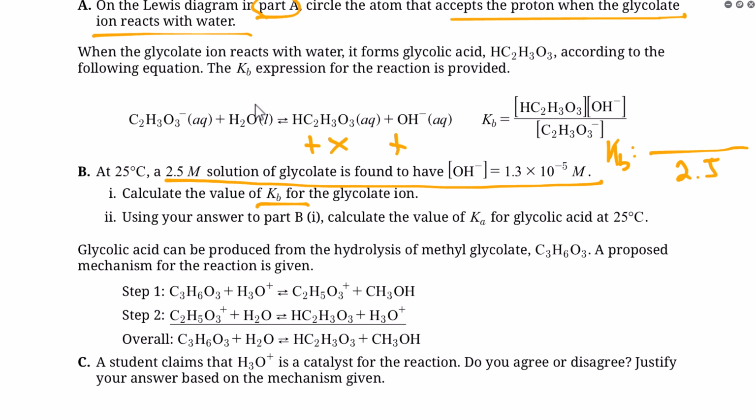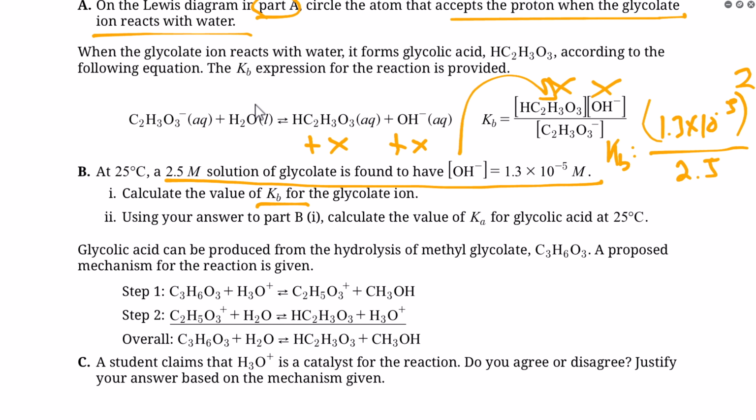This part here is also plus X. So what that tells me is that the OH minus concentration is the same as the concentration of the glycolic acid. So when we plug this in, we're going to take 1.3 times 10 to the negative fifth. We're going to square it because, again, it's X and X on top here, so it ends up being X squared. And we're just going to go ahead and solve for Kb that way.